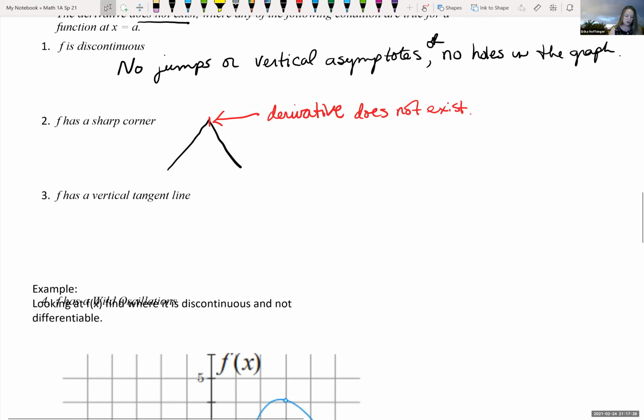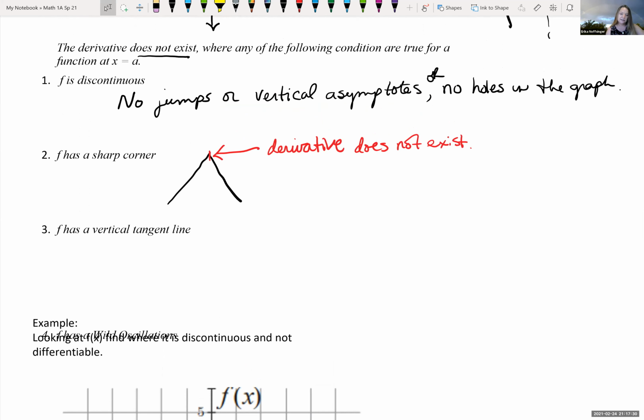Again, it has no vertical tangent lines. Remember, vertical tangent lines were where you have 0 in the denominator, but not also in the numerator. And those were values where the function's undefined. So we already showed you what that could look like from above.